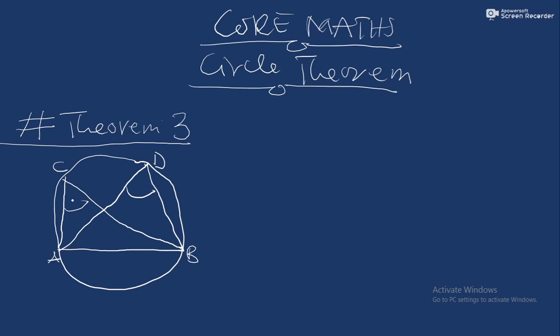So the angle at C and the angle at D are the same because they were formed from what? The same chord. So chord AB formed angle C, the same chord AB formed angle D. Once angle D and angle C were formed from the same chord, they are the same. So that is basically what Theorem 3 is about.